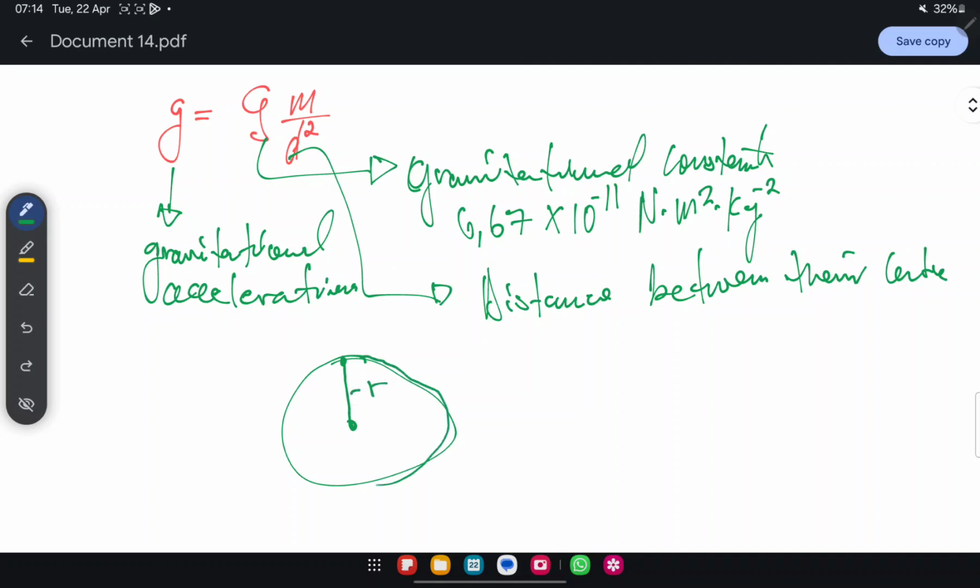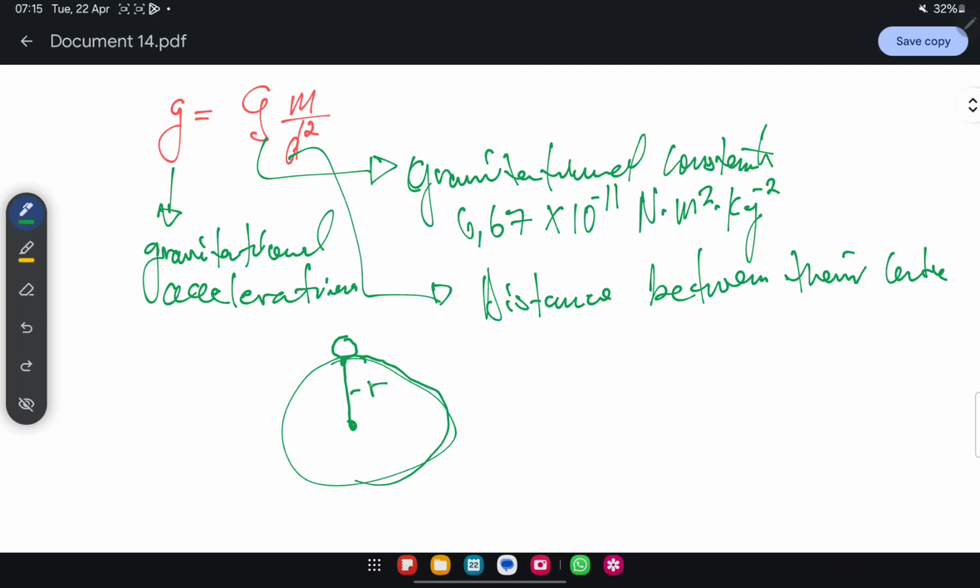Because when I'm calculating gravity, I'm calculating the gravity of a stone on top of the Earth's surface. So what is the gravitational acceleration of that stone?